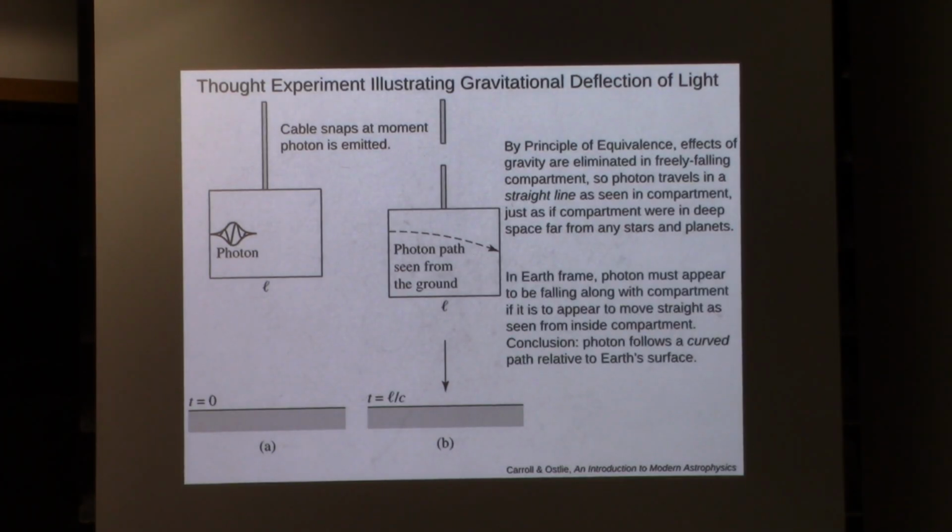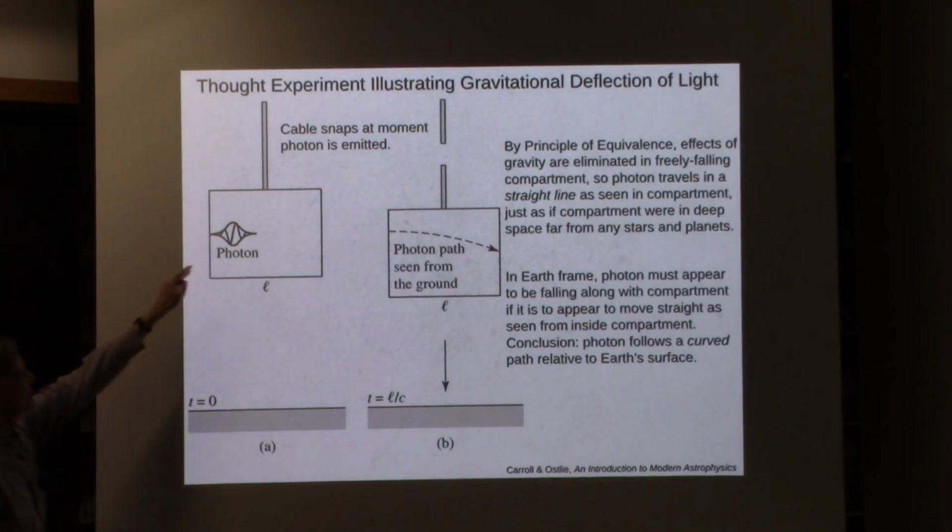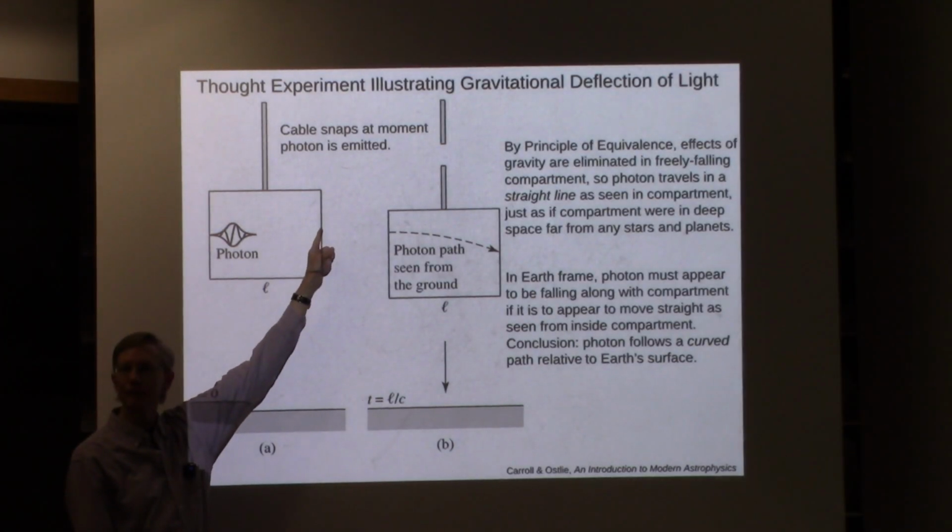But wait, in Earth's frame of reference, if we're looking at this from the outside, at a frame at rest with respect to Earth instead of from inside the compartment, the photon has to be falling along with the compartment, because the photon is going to hit the opposite wall at the same height it was fired from.